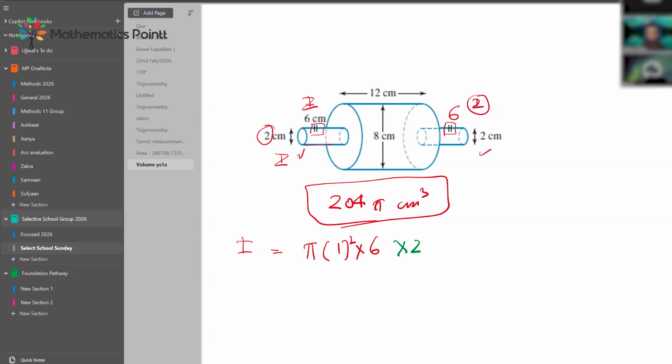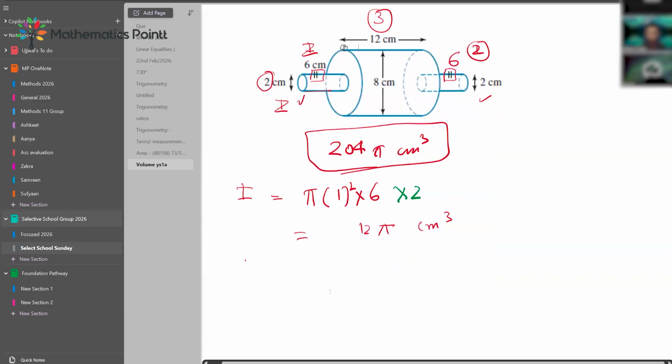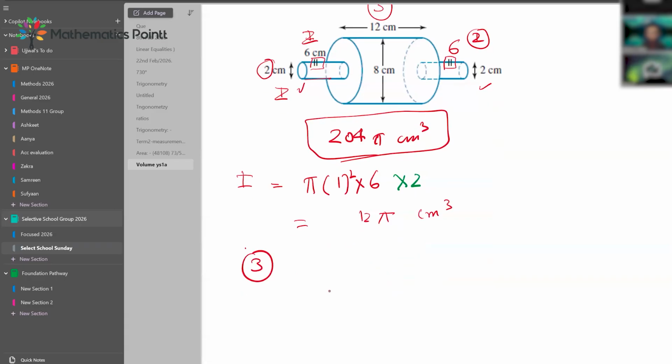So this becomes 12 pi centimeter cube. Then the bigger cylinder, which is cylinder number 3, the volume is pi times r square. The diameter is given to be 8, so 8 divided by 2 is 4.